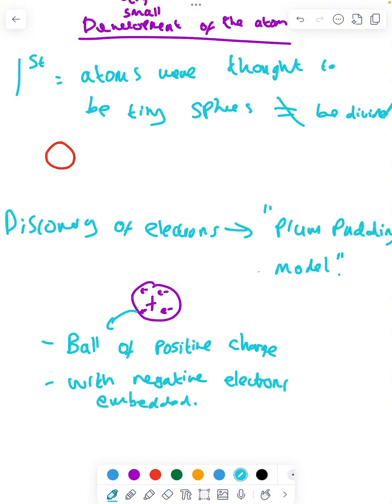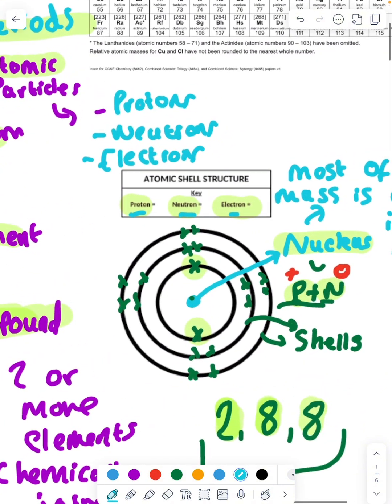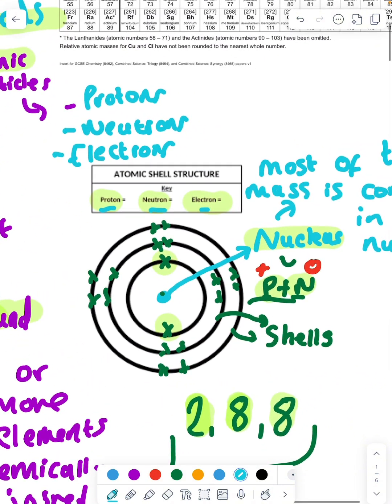But a common question you get asked is comparing these older models of the atom with the current model of the atom. If we look at this one, for example, and the modern one, there's a big difference between them. Now we know that the center of the atom is the nucleus, and that's positively charged because of our protons.